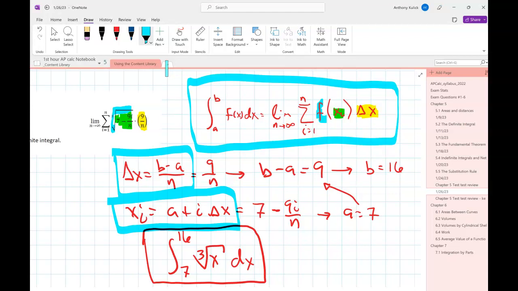It's not a whole sheet of paper. As opposed to if I asked you to evaluate that sum or that limit, which would be horrific. In fact, we couldn't even do it because we don't have a summation formula for a cube root. There is one, but we're not deriving it.